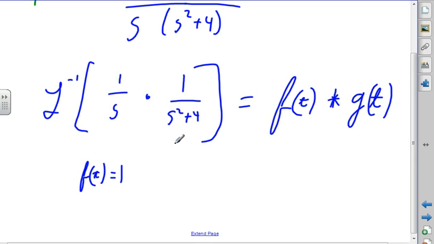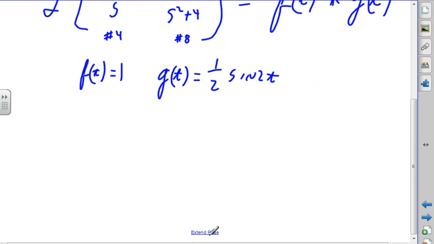And if this is capital G of s, then g of t has to equal 1/2 sine 2t. Okay, so that's from number 8 on our table and number 4 on our table. So now I know what that convolution is. So now the convolution is integral 0 to t of 1 times 1/2 sine 2 tau d tau.